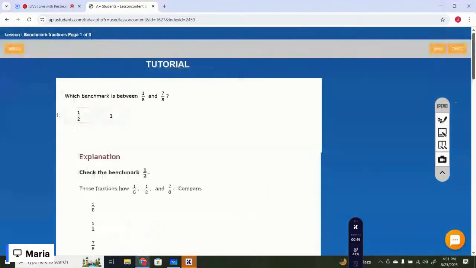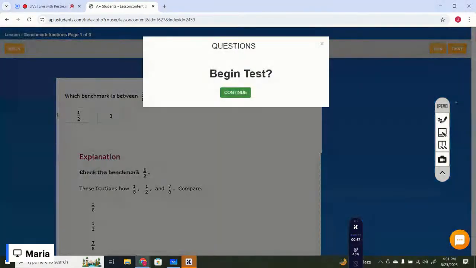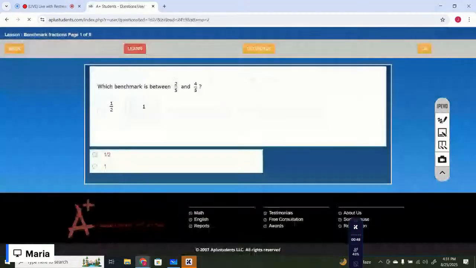Let's start with the test question. Which benchmark is between 2 by 5 and 4 by 5?